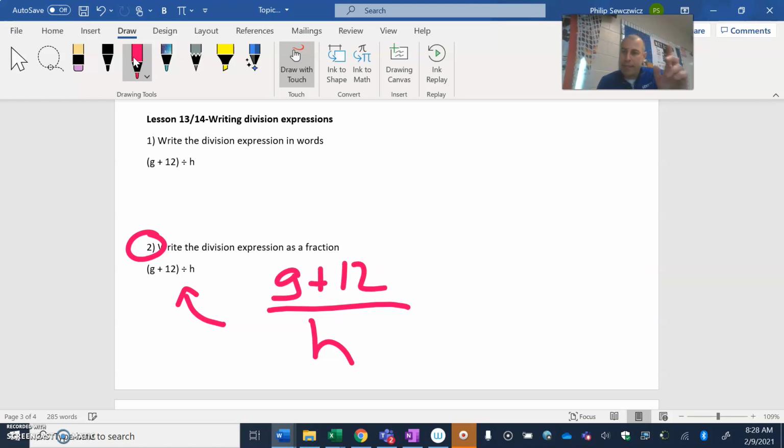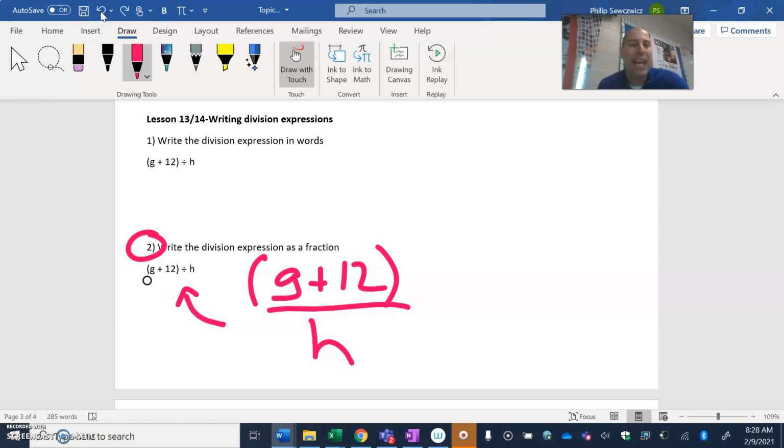It's important that it has them to start with, because it lets us know that all of this is being divided by H. But with fractions, the parentheses are actually there, we just don't fill them in. So if you're writing out from left to right, you need the parentheses. If you're writing it as a fraction, we don't use the parentheses.